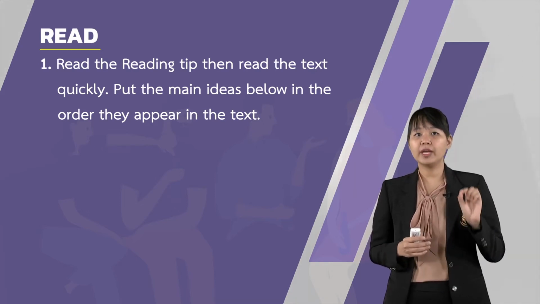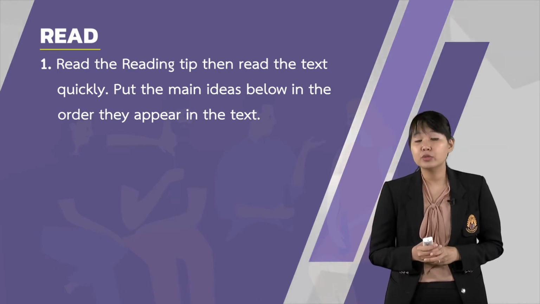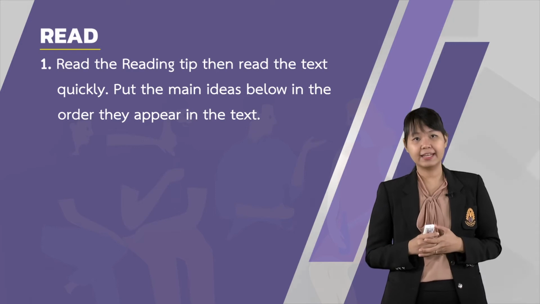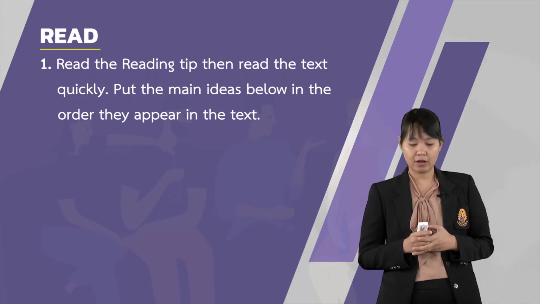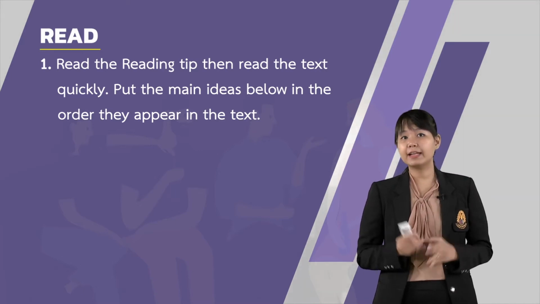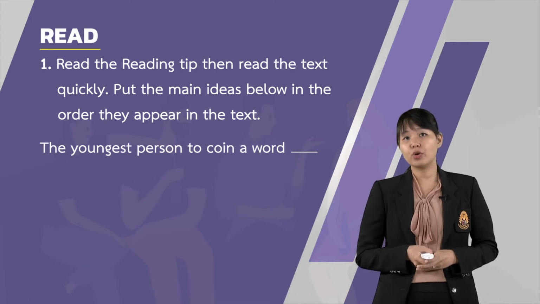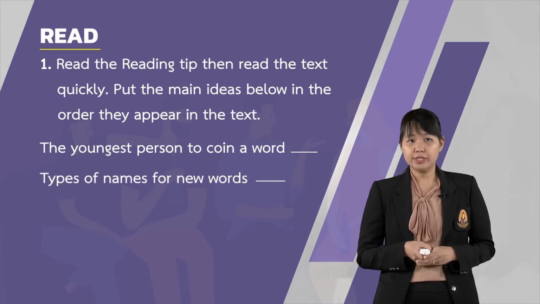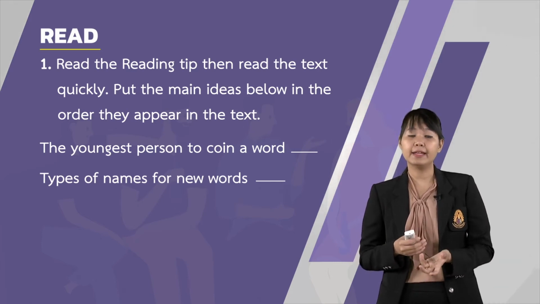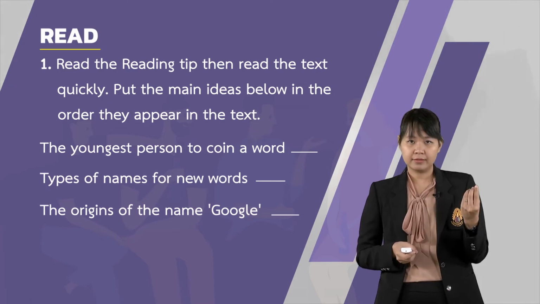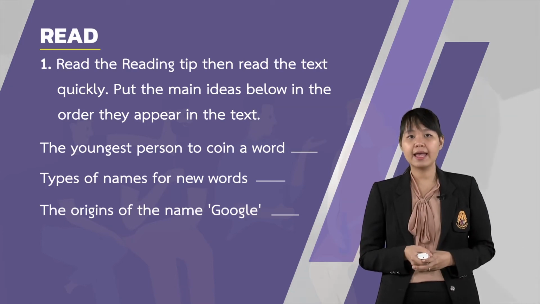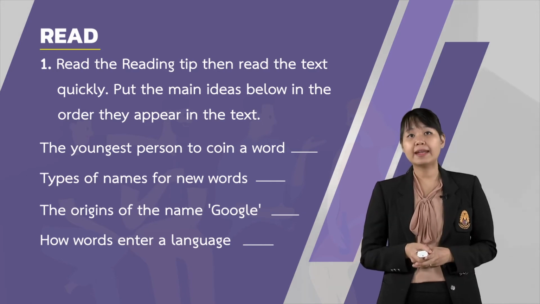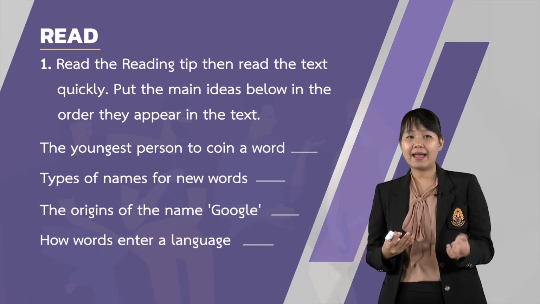Put the main ideas below in the order that they appear in the text, and see which paragraph each main idea is in. The main ideas are: the youngest person to coin a word; types of names for new words; the origin of the word Google; and how words enter a language.